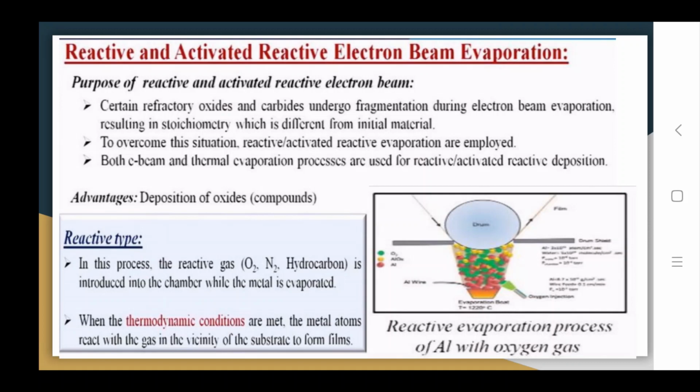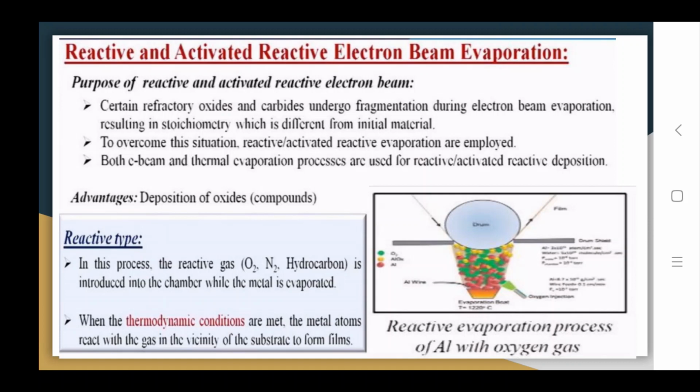What are the advantages? So deposition of oxides, generally compounds, we can do. What is the reactive type? In this process, the reactive gas, generally oxygen, nitrogen, or hydrocarbon, is introduced into the chamber while the metal is evaporated. When the thermodynamic conditions are met, the metal atoms react with the gas in the vicinity of the substrate to form a film.